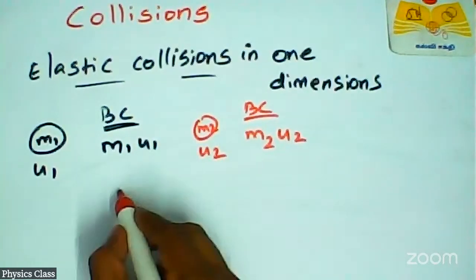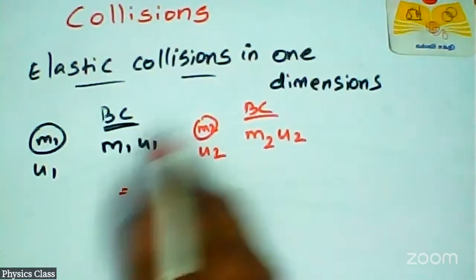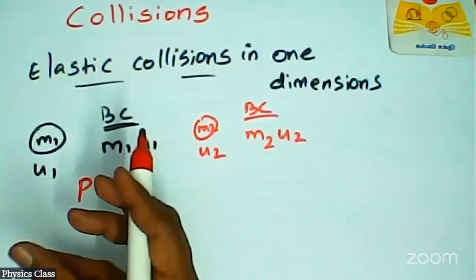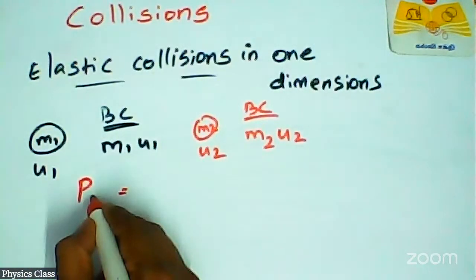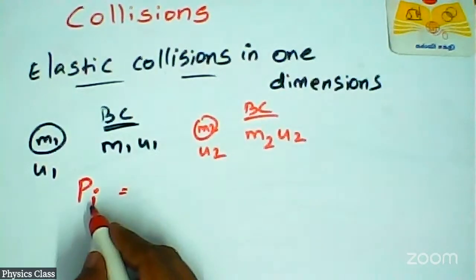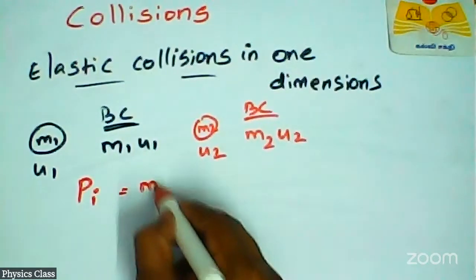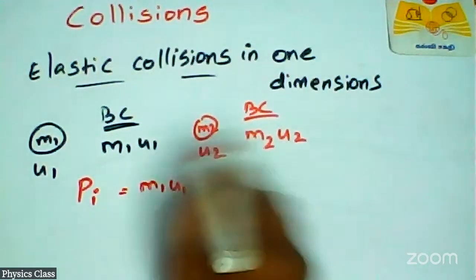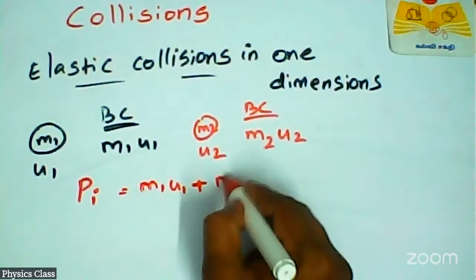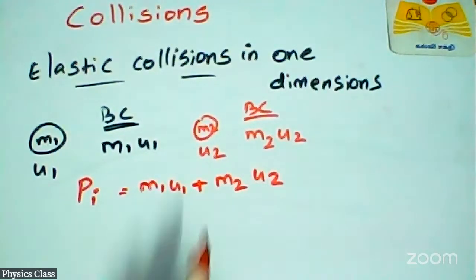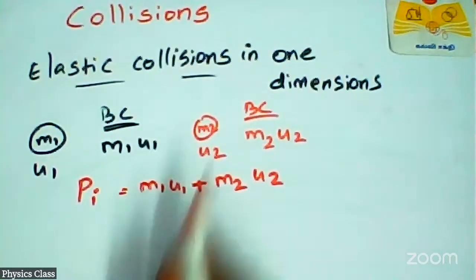Before collision, we can add these two momenta to get the total linear momentum. I can label it Pi, the initial momentum: m1 u1 plus m2 u2. These are all for before collision.